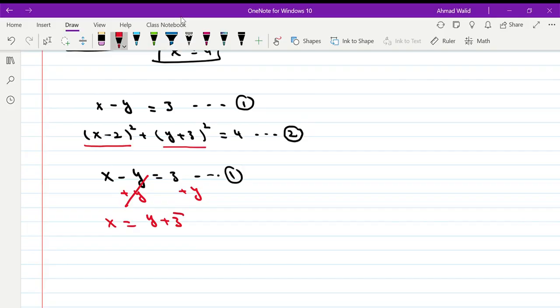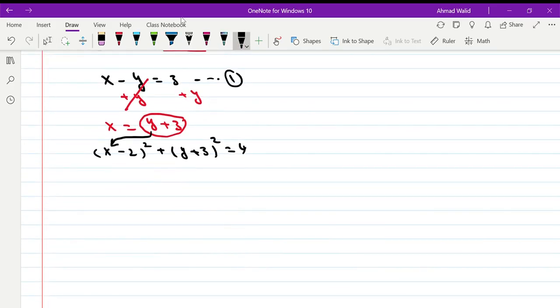Now plug in the value of x in the second equation. Your second equation is x minus 2 all squared plus y plus 3 squared equals 4. Plug in the value of x here, correct?